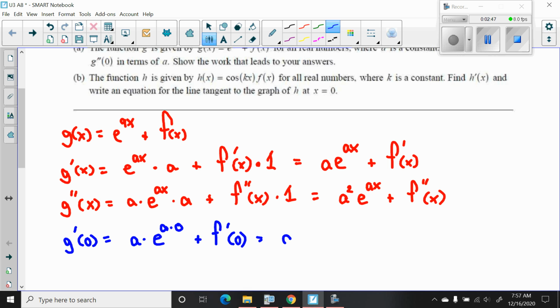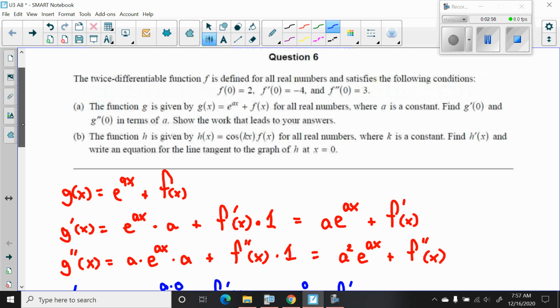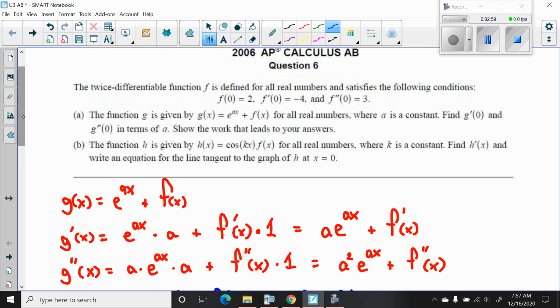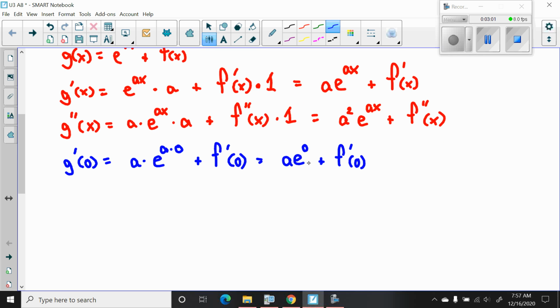Well, that would be a times e to the 0 plus f prime of 0. And I believe they gave us values. F prime of 0 is negative 4. So anything to the 0 power is 1, so that's just a times 1 plus negative 4. So a minus 4.